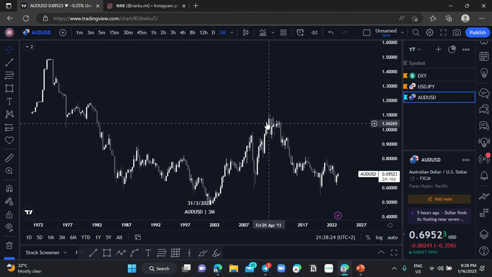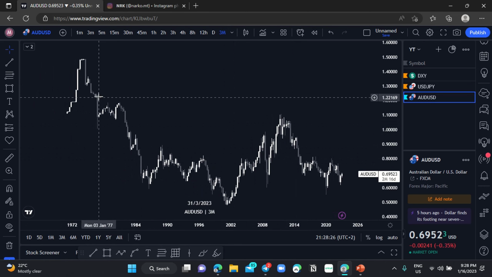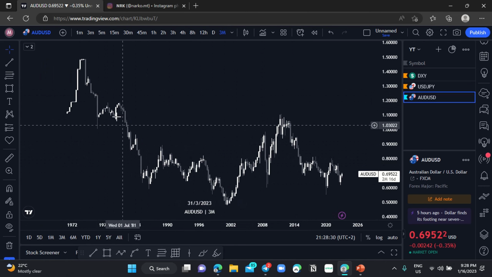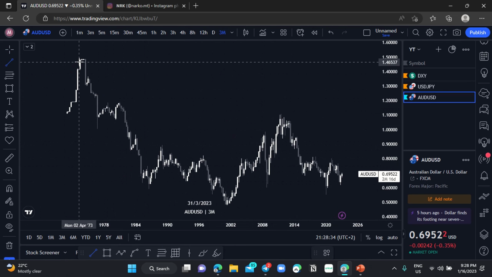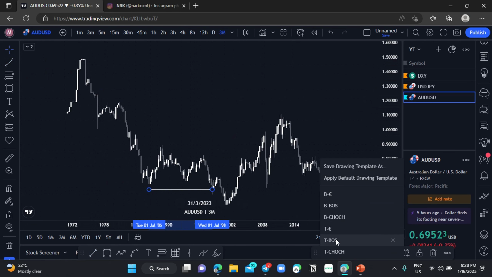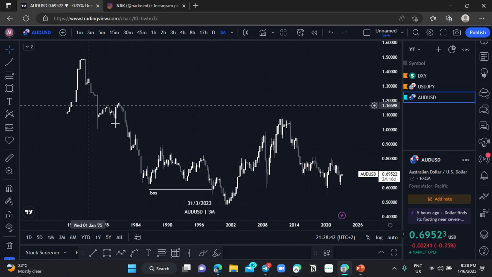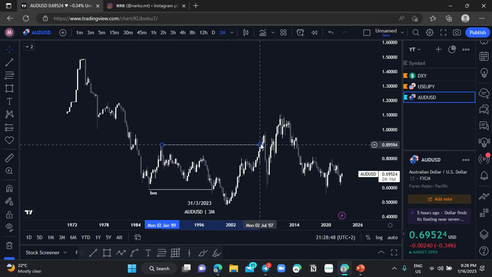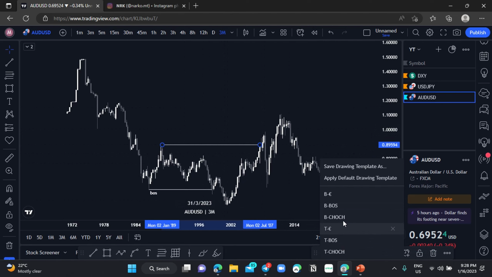Okay, so now on AUDUSD we can see that we were moving beautifully bearishly, but then now we violated the rules and properties of a bearish trend. Okay, as you can see here, we have this break of structure here, and price broke and violated this lower high here, meaning that we could be moving from a bearish trend to a bullish trend.